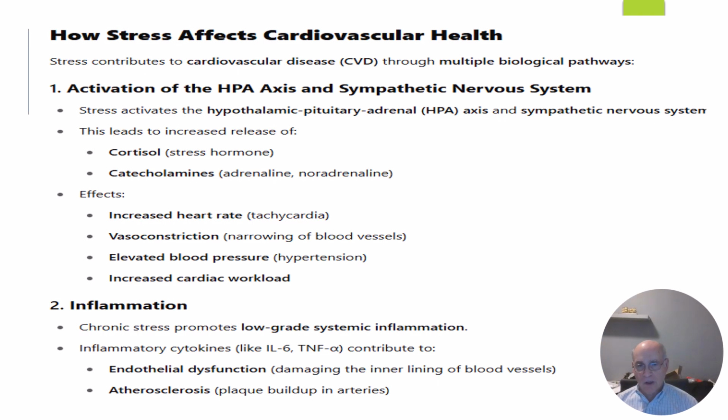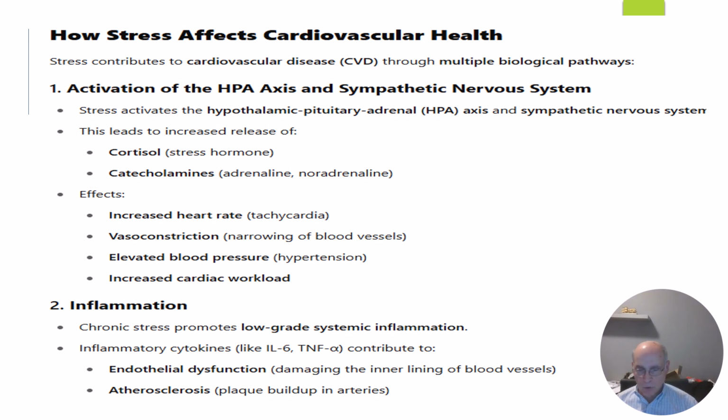So how does stress affect the cardiovascular system? A, it activates the HPA axis and the sympathetic nervous system, which leads to an increase in cortisol and catecholamines, adrenaline and noradrenaline. It increases heart rate, causes vasoconstriction of blood vessels, elevates blood pressure, and there's an increased cardiac workload.